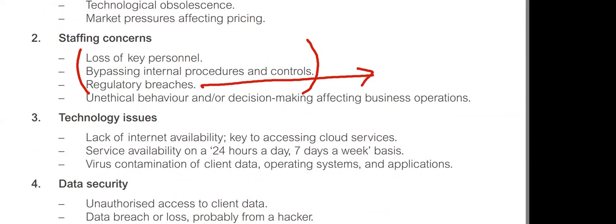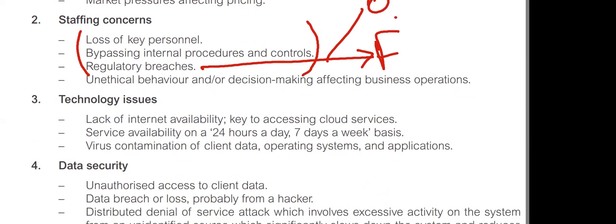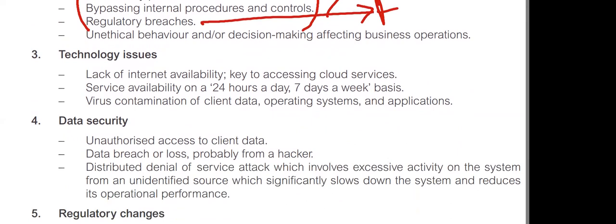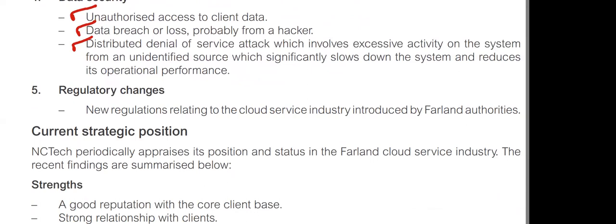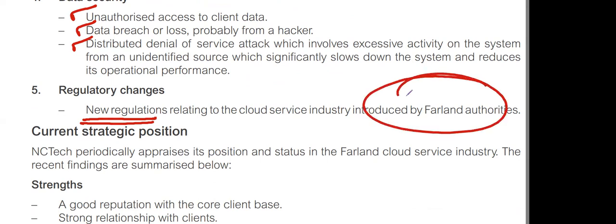That's why you saw it in both the financial and the operational KPIs. Technology issues, lack of internet availability, service availability, virus contamination, data security, unauthorized access to the client data, data breach, distributed denial of service attack, and regulatory changes, new regulations introduced by Farland authorities.